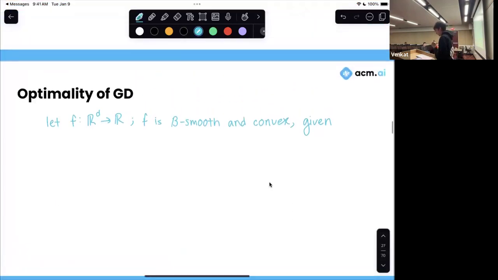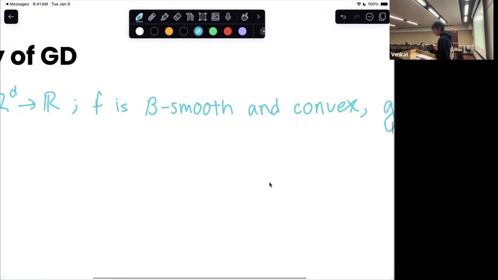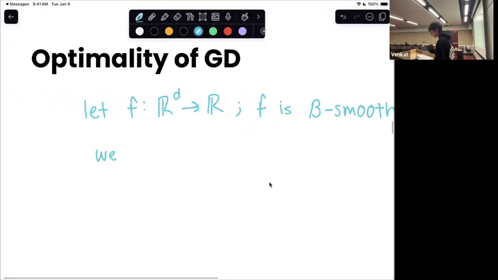Okay, so let's go ahead and write this. f is beta smooth and convex, given that our step size is less than or equal to 1 over beta. If you recall, we said that our step size has to be less than or equal to 2 over beta. 1 over beta is constant factors, we can ignore them. What we're saying is we will get the following information after k iterations.